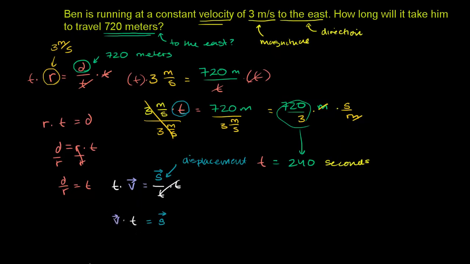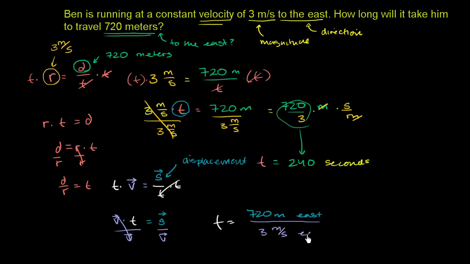And if you want to solve for time, you divide both sides by velocity. And that gives you time is equal to displacement divided by velocity. And so we can apply that to this right over here. Our displacement is 720 meters to the east. So our time is equal to 720 meters east, our displacement, divided by the given velocity, 3 meters per second to the east.